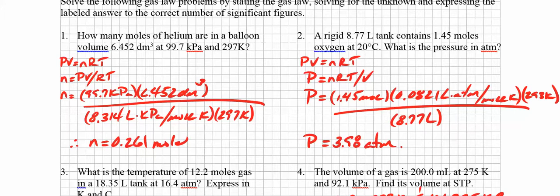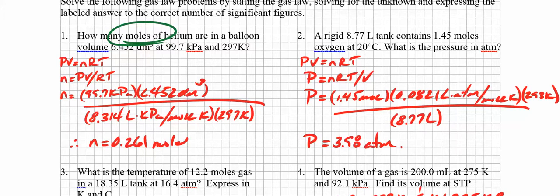So we're going to use the ideal gas law. Nothing's changing, so we're just going to use PV equals nRT. And n, in this situation, is what we're looking for, the number of moles of helium. So n is equal to PV over RT. I simply divided both sides by RT to get that. Now let's plug in.